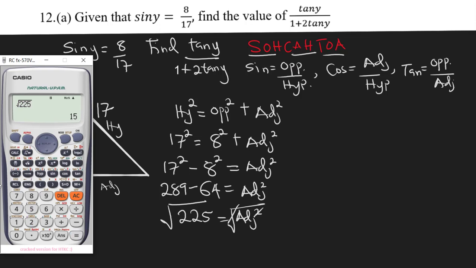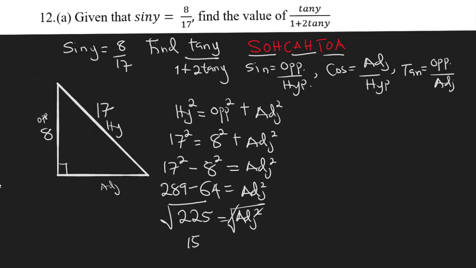So our adjacent is equal to 15. With this, we can now find our tan. Our tan y will be equal to opposite over adjacent.